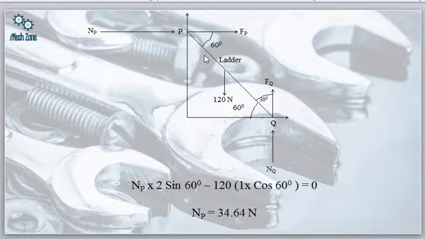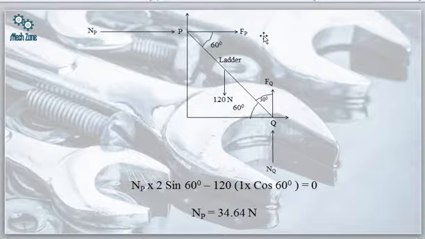This is very simple geometry of class 6, and what we will do is we will simply take summation of Fx equals 0 and summation of Fy equals 0, and by writing it down we will obtain the equation as NP into 2 sin 60. So we are actually taking the moments.